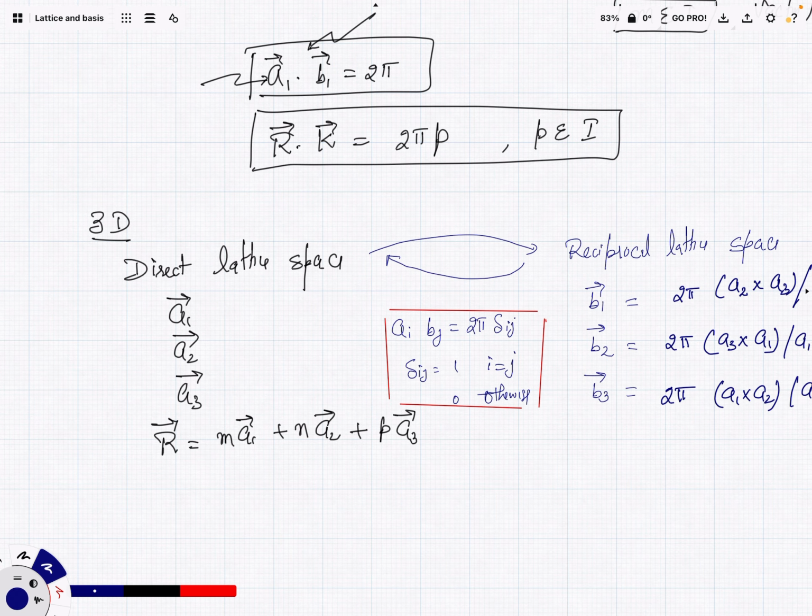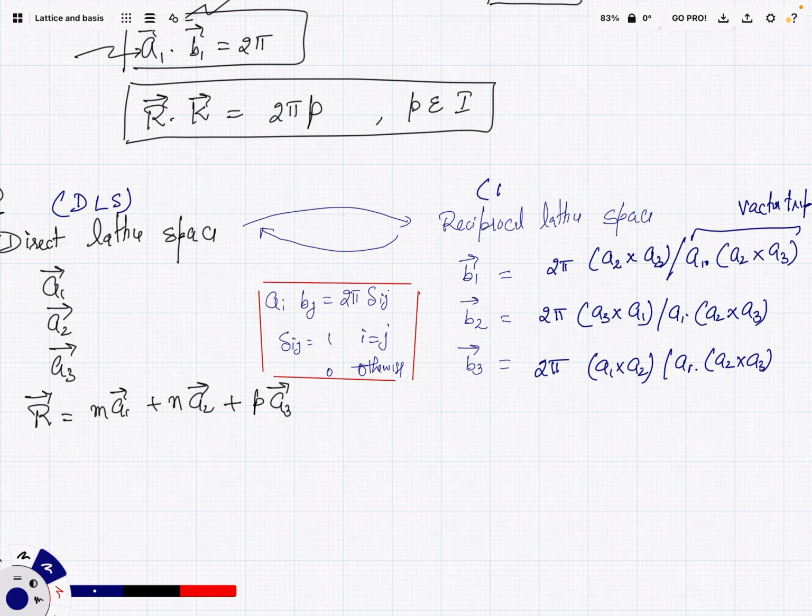We call this direct lattice space, and sometimes reciprocal lattice space.